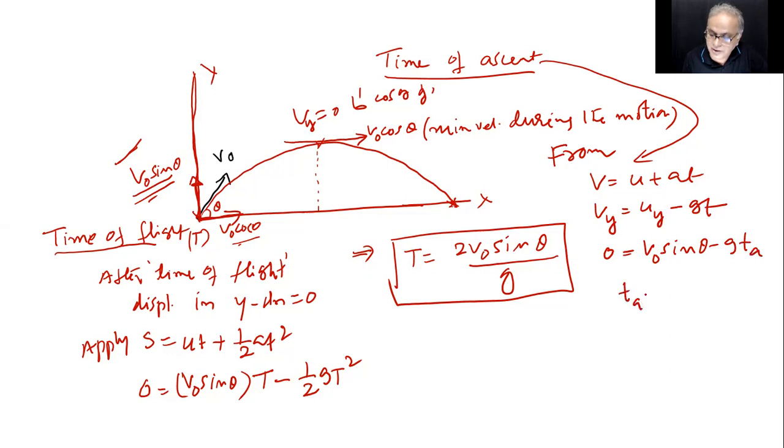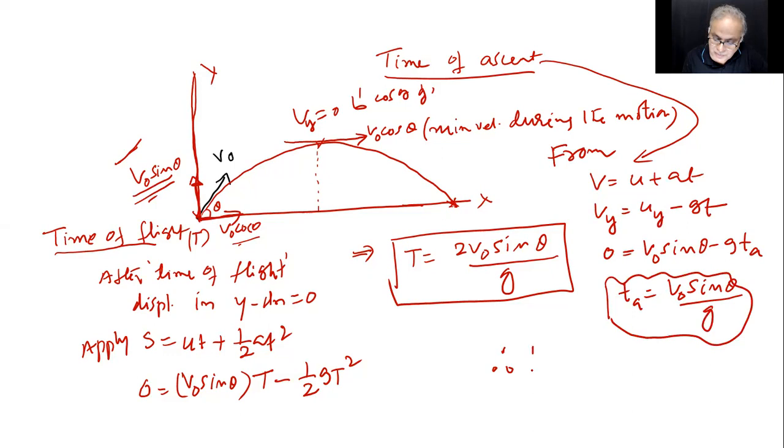So time of ascent equals V0 sine theta by g. Therefore, time of descent td is time of flight minus time of ascent, which is also V0 sine theta by g. This is what? Time of descent, you can say.